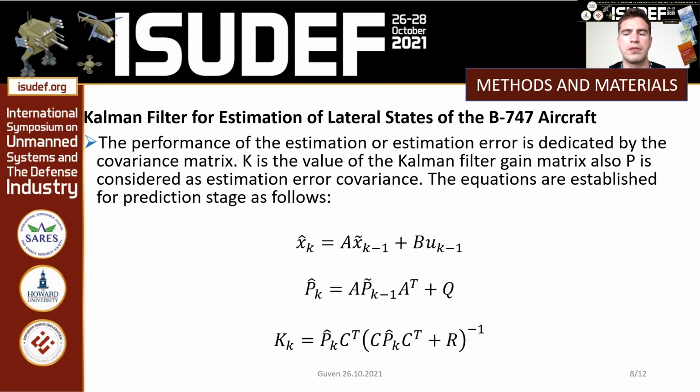Here you can see the Kalman filter algorithm formulas. Xk is the estimation value, Pk is the estimation covariance value. Here K is the Kalman filter gain. It will adjust itself in relation to the measurement covariance matrix and the estimation covariance matrix.